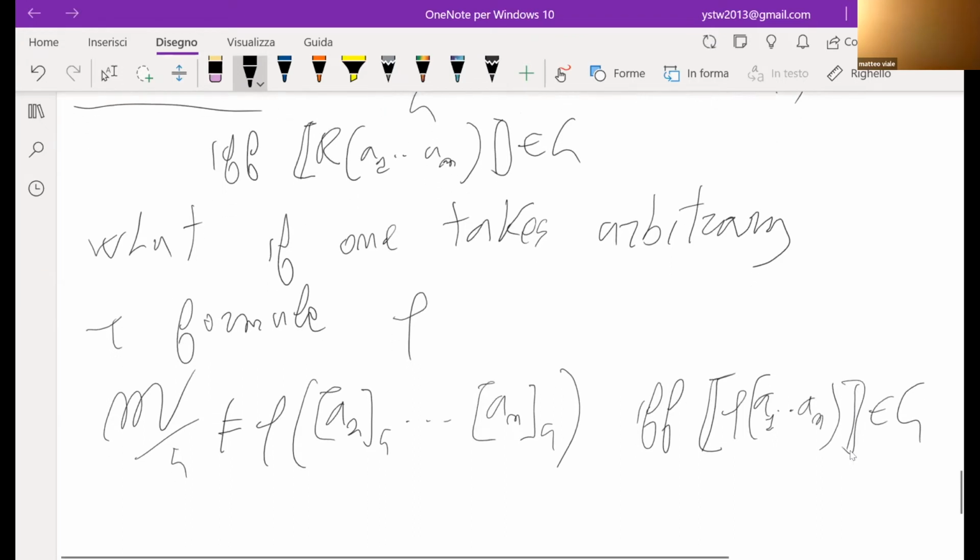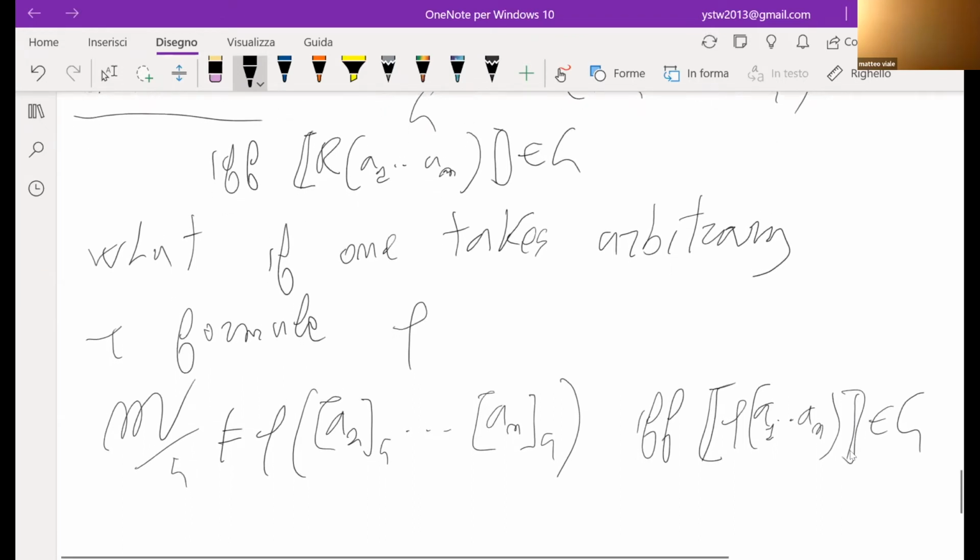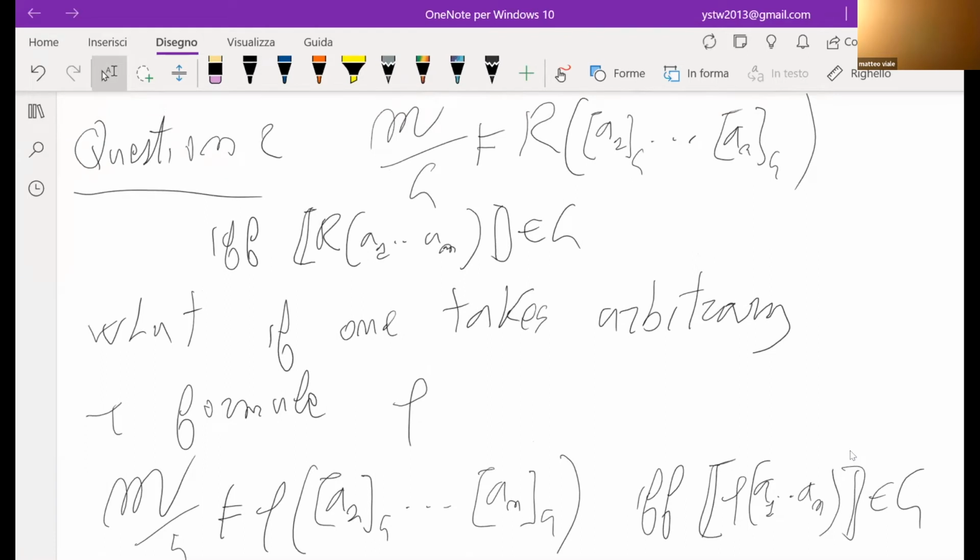Well, this is a form of Łoś theorem or a form of forcing theorem, and the answer really depends on the nature of the model M. So for certain models M, this is the case. For certain others, this is not the case.